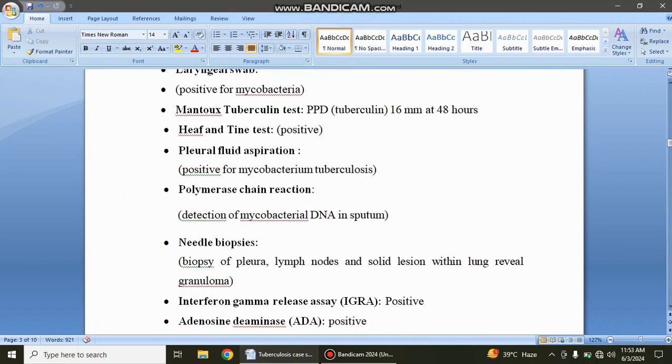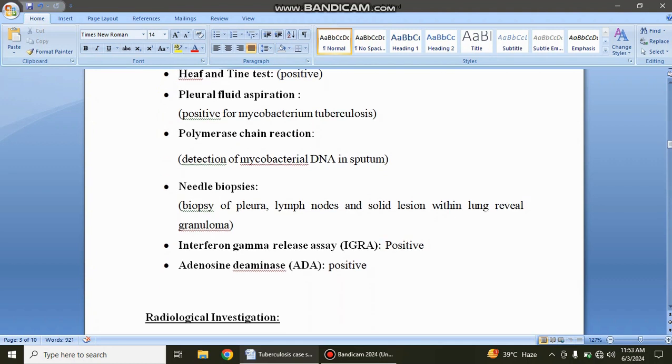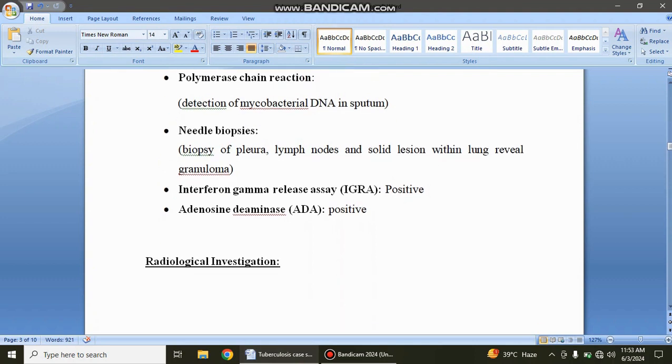Polymerase chain reaction, commonly known as PCR, detection of mycobacterial DNA in sputum. Needle biopsies of pleura, lymph nodes and solid lesion within the lung reveal granuloma. Interferon gamma release assay, that is IGRA, was positive as well. Adenosine deaminase, ADA, positive.